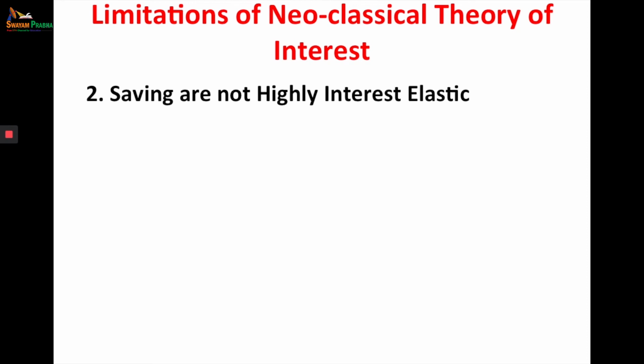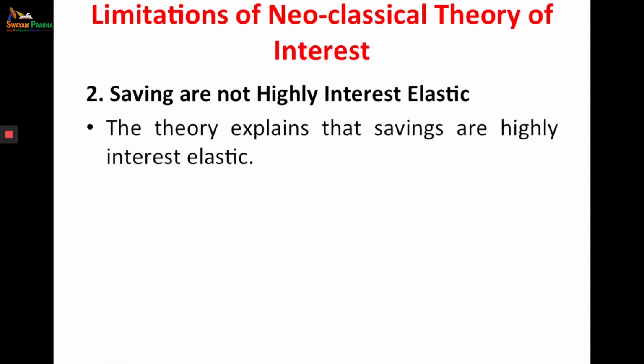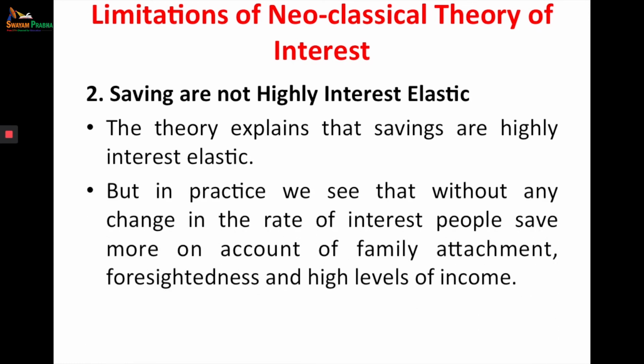The theory explains that savings are highly interest elastic, which is wrong. In practice, we see that without any change in the rate of interest, people save more on account of family attachment, foresightedness and maybe a high level of income.